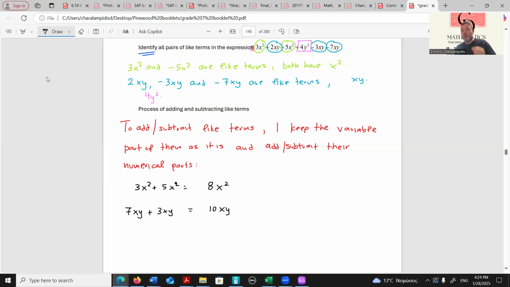We cannot add or subtract terms which are not like ones. Or, in a different expression, we can only add slash subtract like terms. And now let's work some examples.